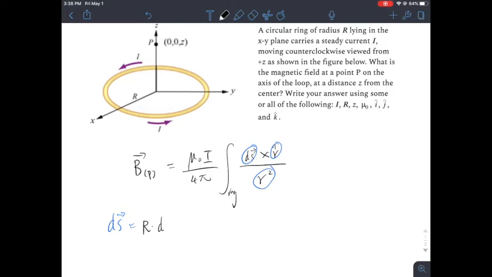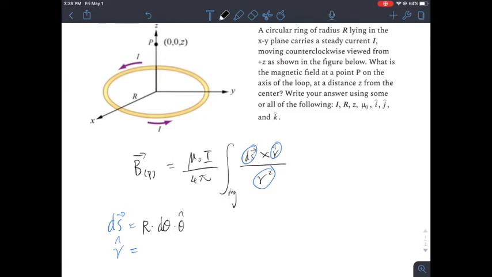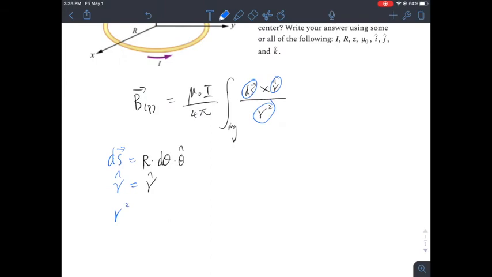Let's put it in polar coordinates since it's a ring. It's a natural coordinate system. So we have ds equals r d theta times theta hat, which is the tangential direction of the ring. Then we have what is r squared?